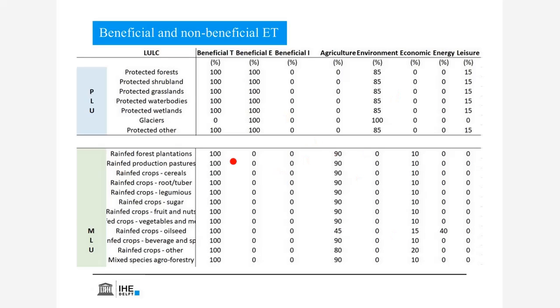So if you want to adjust these percentages to your own policies, who am I to tell you what is good for you or what is not? I think you should also have a say about what is beneficial or non-beneficial in your particular situation, and what is the goal and the aim of your land and water management.